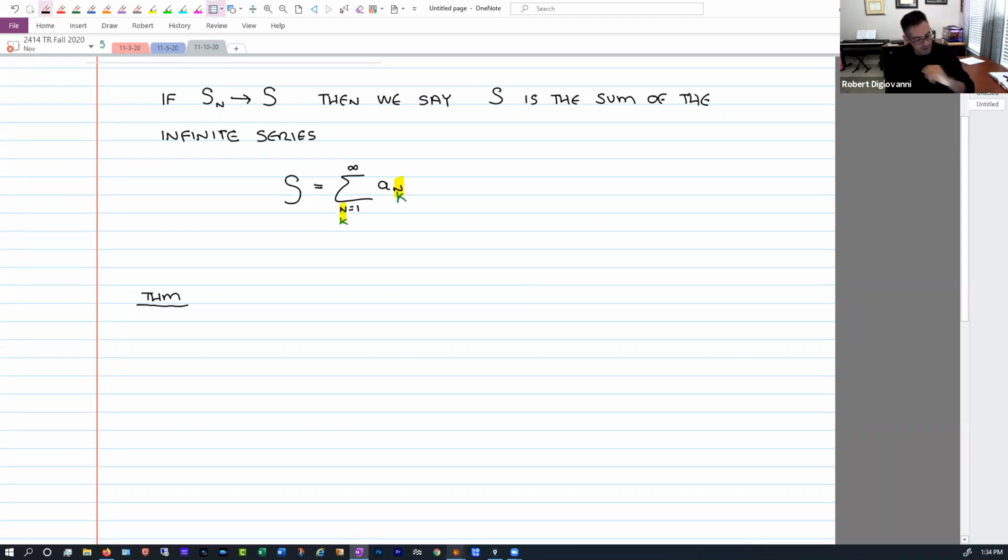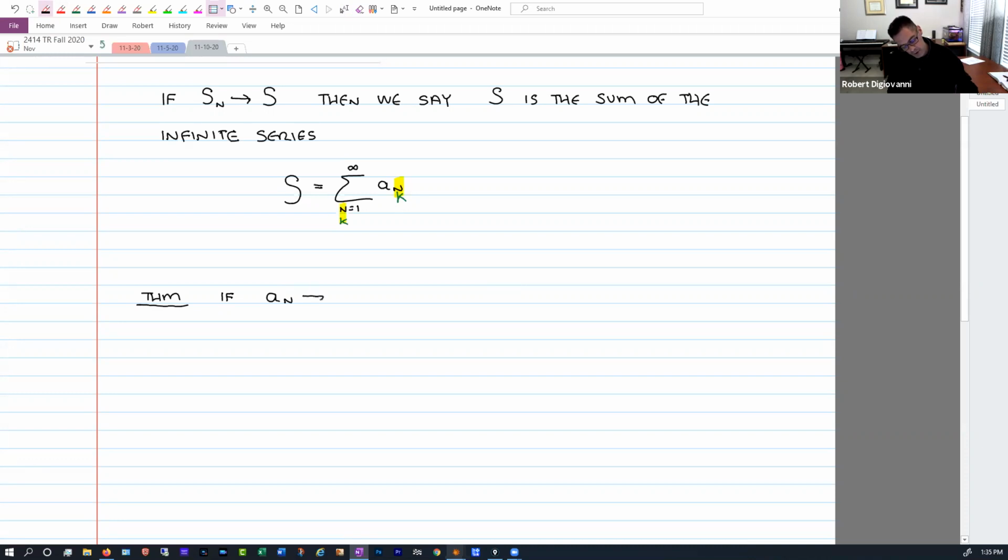This theorem says, and we have to be very careful with our language here, a sub n is a sequence, all right? That's the original sequence we're talking about.